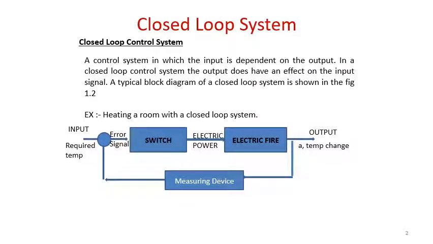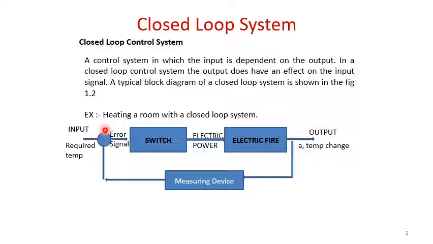So, as we have already studied, the output variable is going to change because of the change in the input variable. Whenever there is a change in the output variable, it needs to be measured and compared with the required value.